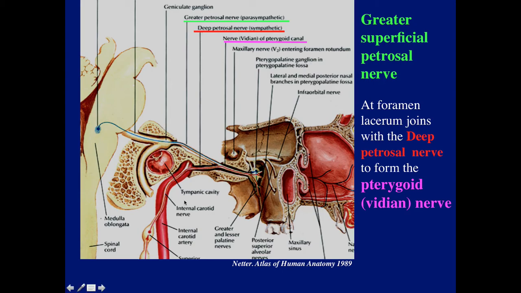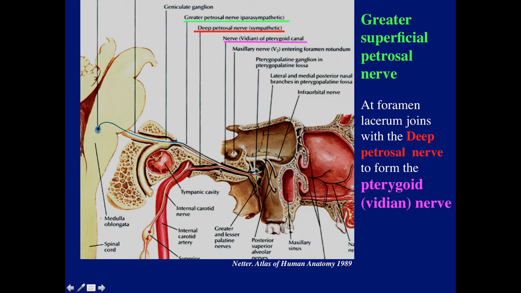What happens to this nerve? So here again, this is the greater superficial petrosal nerve. It joins with a deep petrosal nerve, so this is parasympathetic fiber. It joins the deep petrosal nerve, which carries sympathetic fibers from around the carotid.